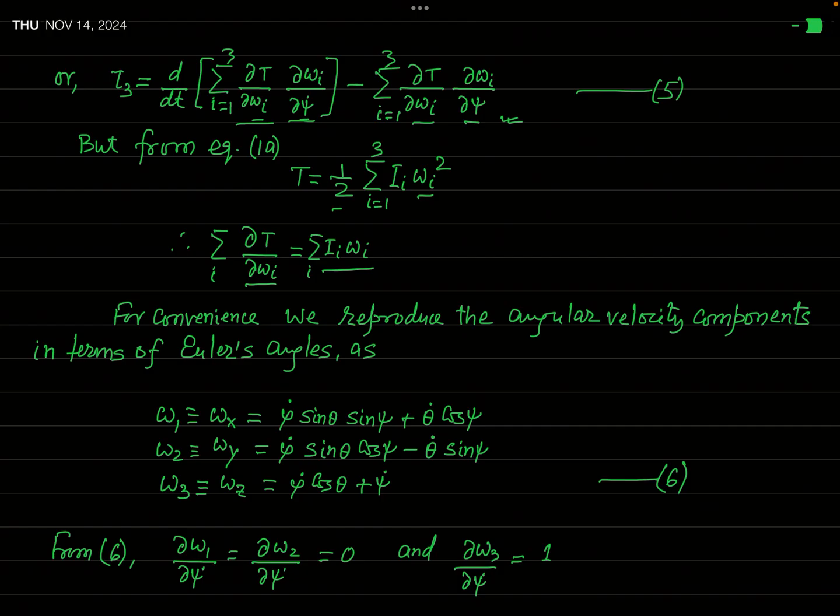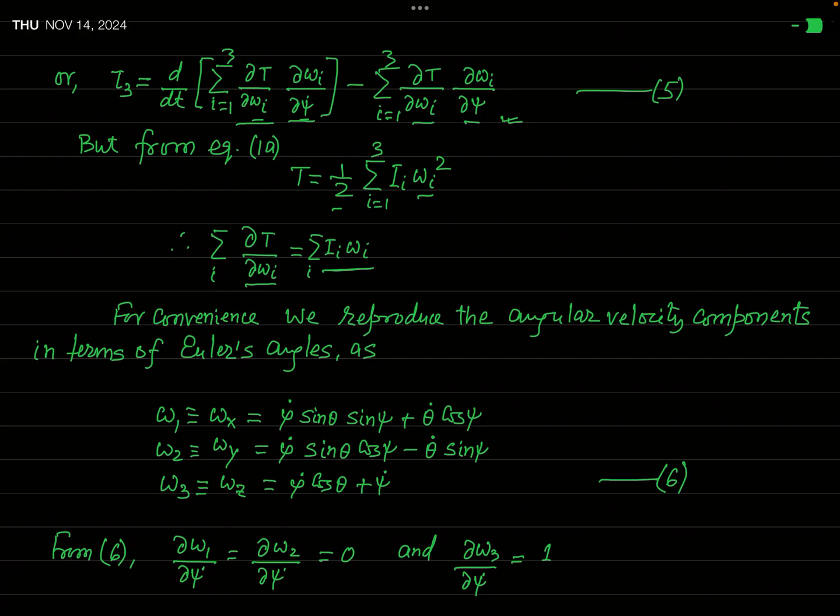Okay. Now, in my previous lecture, I provided a video completely on the angular velocity of a rigid body, in which we discussed how we can find the components of angular velocity with respect to the body set of axes and the space set of axes.